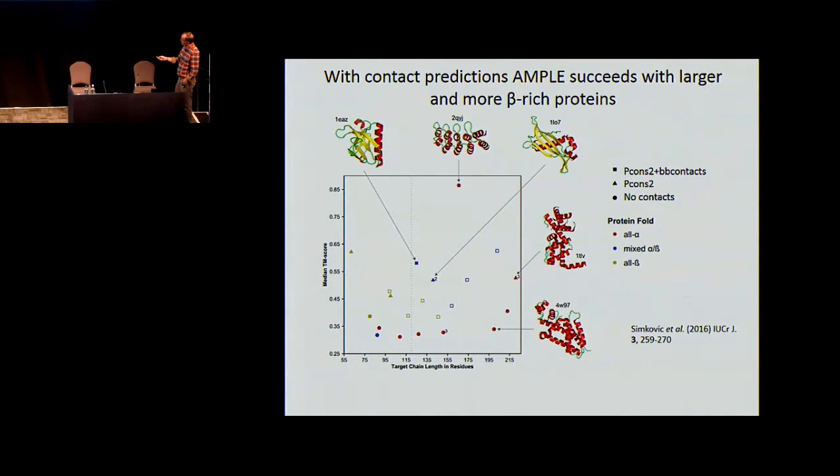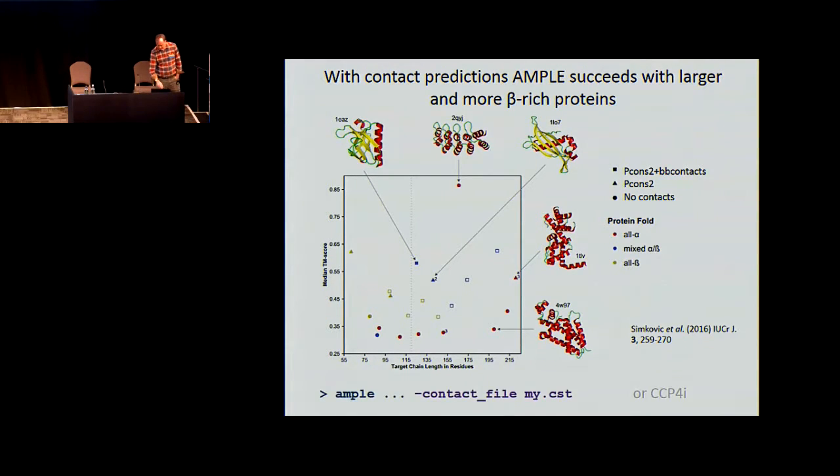These are the circles. But there are many other targets, the triangles and the squares, where we need that extra information from those predicted contacts to get models that are good enough to solve the structure by molecular replacement. And so with that extra information, we can solve quite large targets like this, and very beta-rich targets like these, which we would never have solved previously.